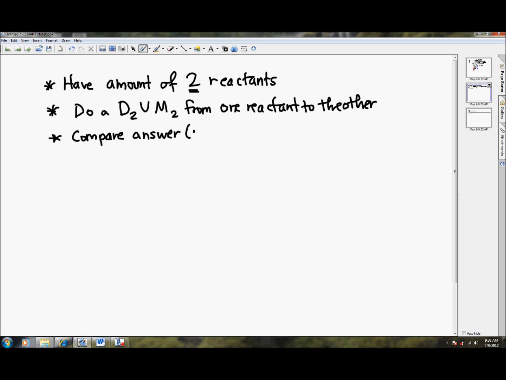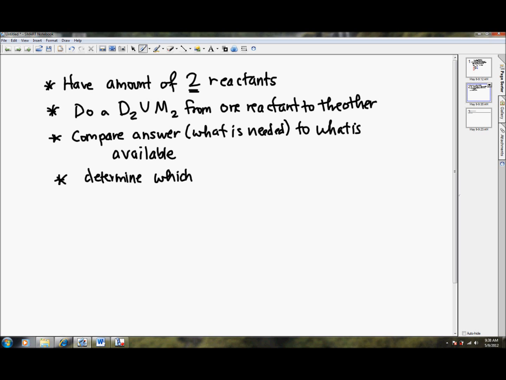This will tell me what is needed to what is available, and that's the amount given here. And I'm simply going to determine, based on that information, which reactant gets used up first.